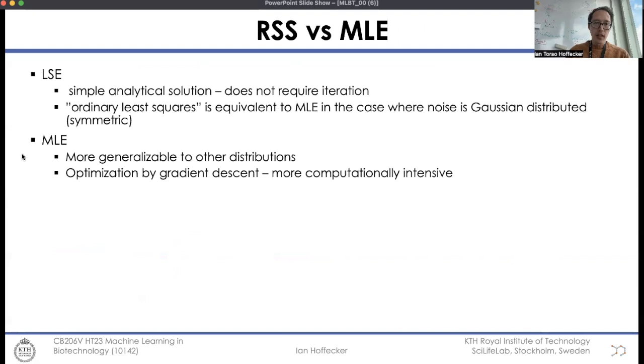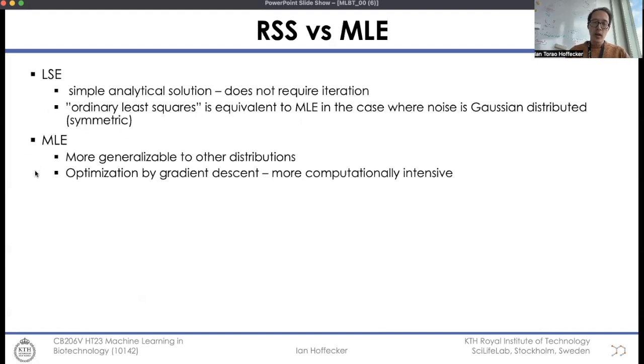And once again, summarizing the reasons we're doing least squares estimation: it's an analytical solution, it doesn't require iteration, and it is in fact equivalent to solving the maximum likelihood estimation in the case when the noise is a normal distribution, or symmetric.